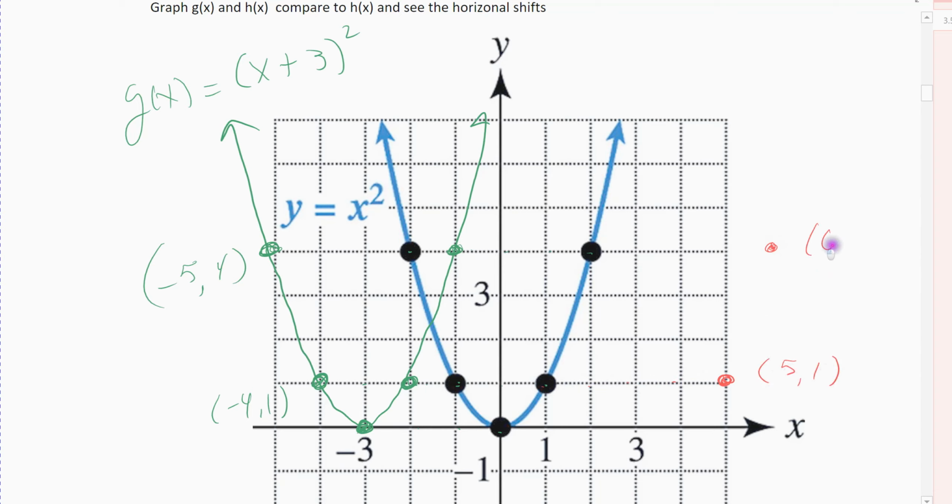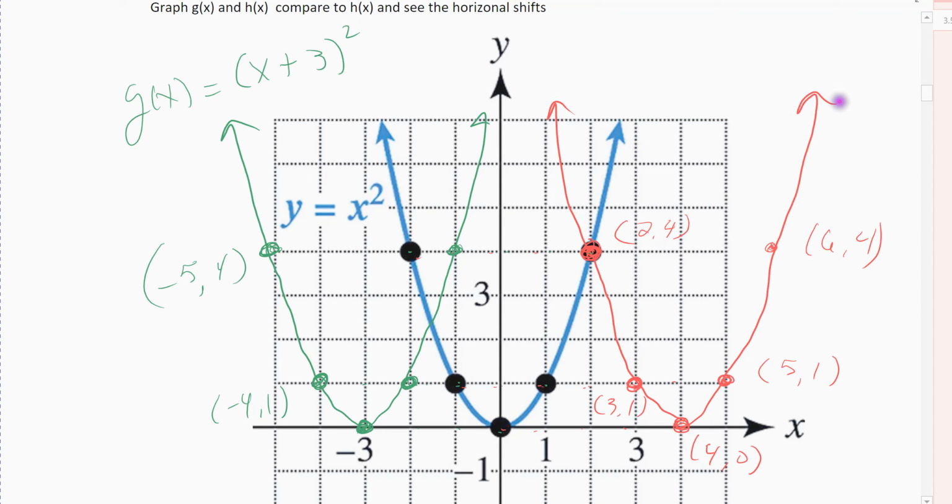This would have been at the point 6, 4, that's what came from my table. That would have been at the point 4, 0, right? 1, 2, 3, 4. That's the point 3, 1. And actually, it's there. That's the point 2, 4. And there's my red graph that represents h of x, where I've shifted over to the right 4 units, right? H of x, which is x minus 4 squared.